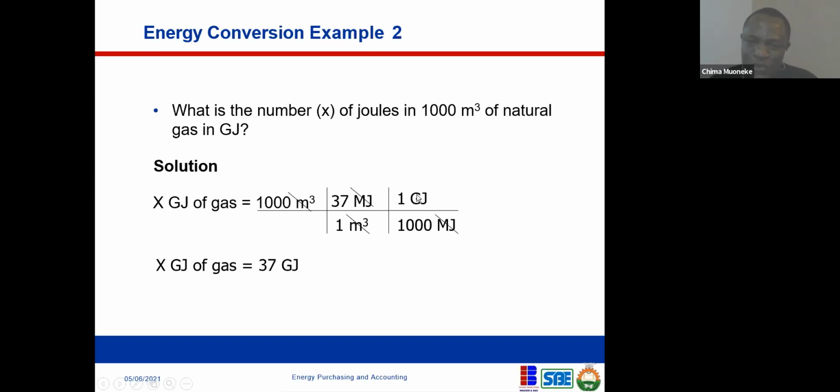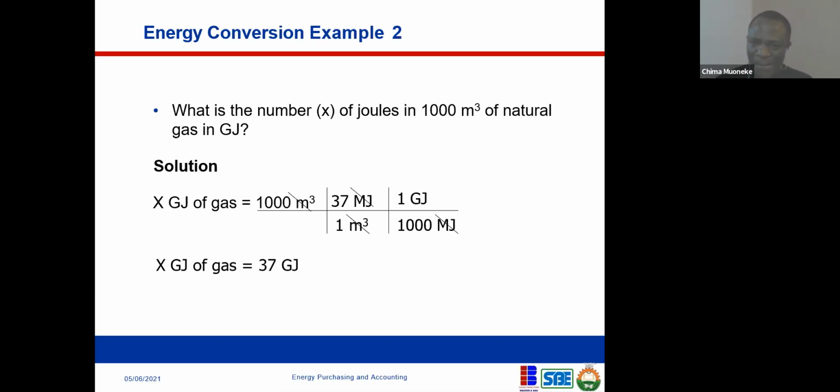So we now put the megajoule down, so we can cancel it out. So 1 gigajoule is equal to 1,000 megajoule, right? So we can cancel out this megajoule, and we're now left with gigajoule. So we now multiply 1,000 times 37 times 1, divided by 1 times 1,000. So all of this times all of this divided by the multiplication of all of this below.